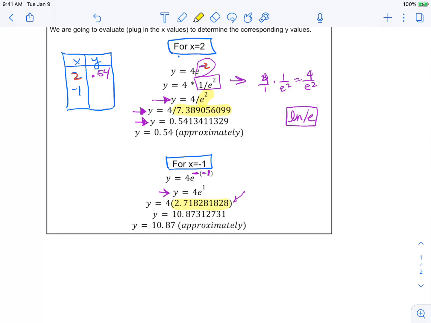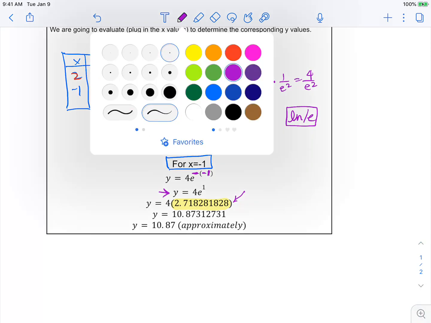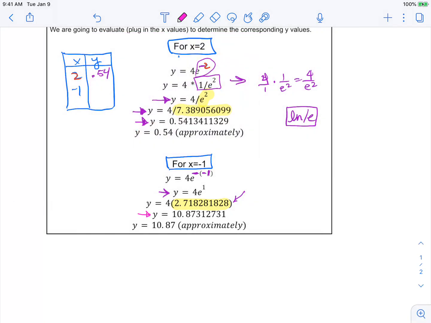And then I multiply that by 4, and I will get this number right here, which again has a lot of decimal places, so I want to round it. I'm going to round to the hundredths place, so it's going to be approximately 10.87. So I'm going to say when I plug in -1, I get approximately 10.87. And that's how I find my corresponding y's.